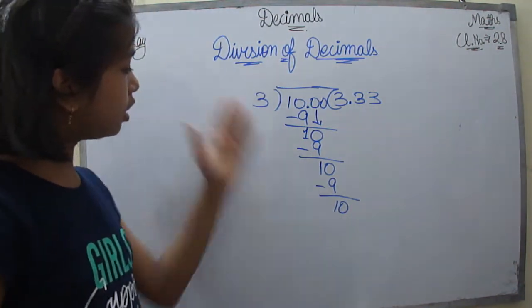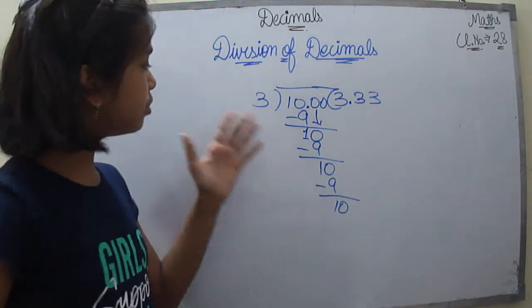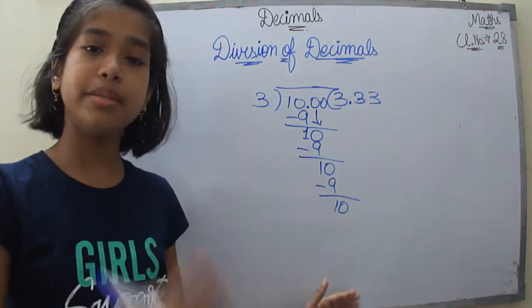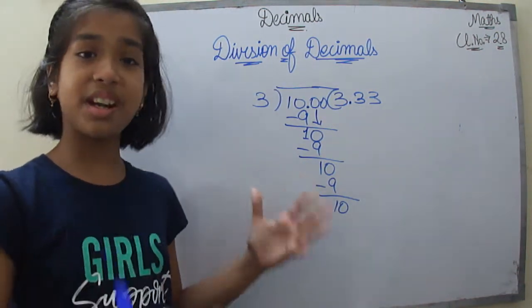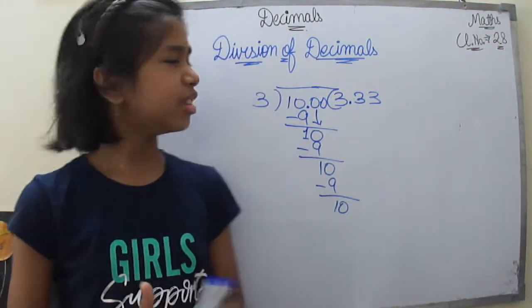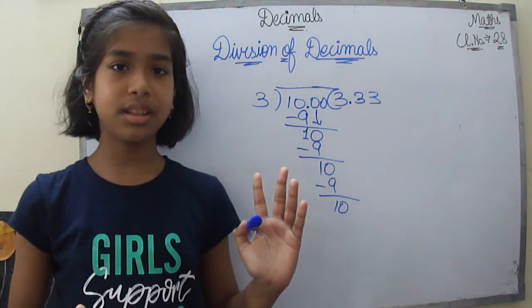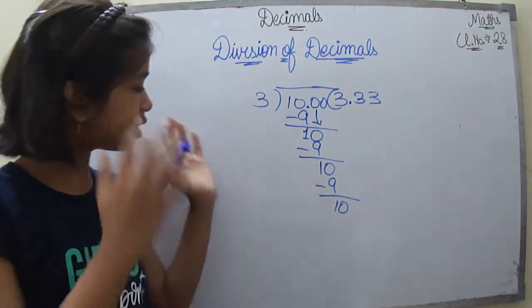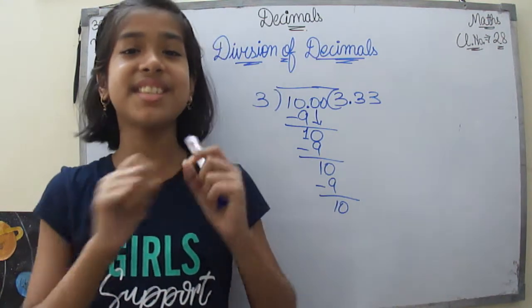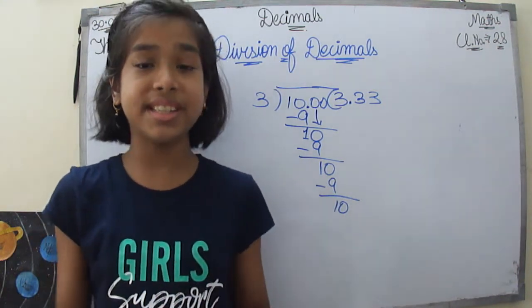It is just continuing, and we are just getting 1, and then it becomes 10, and then we use 3 into 3. So it is just never ending. That means this division could never end. Basically, this is an example of a recurring decimal.